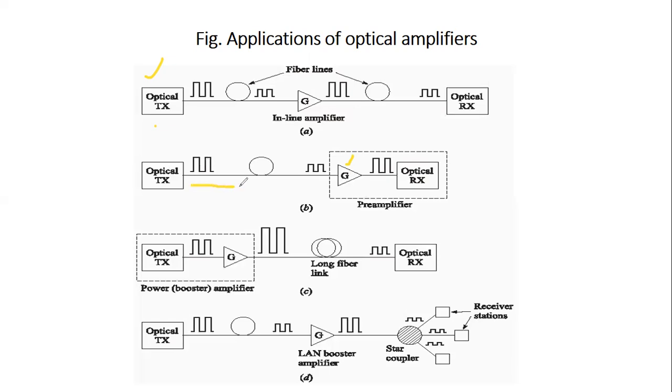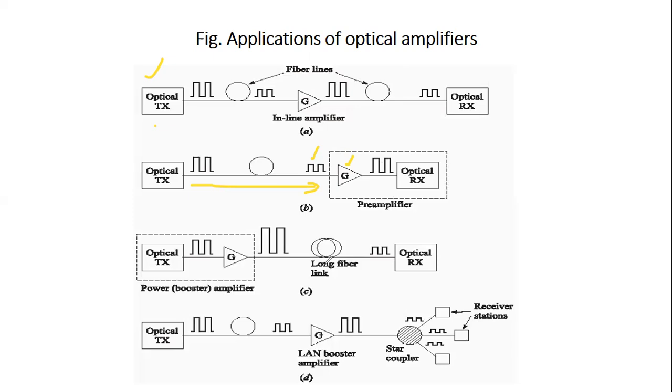This optical signal travels across this optical fiber. Here you can see the strength of this signal is degraded, and the strength of this weak signal is amplified by this optical amplifier just before the optical receiver. So this is a pre-amplifier to improve the sensitivity of the receiver. This is the second application of the optical amplifier.